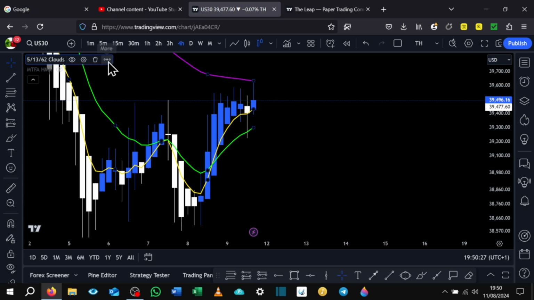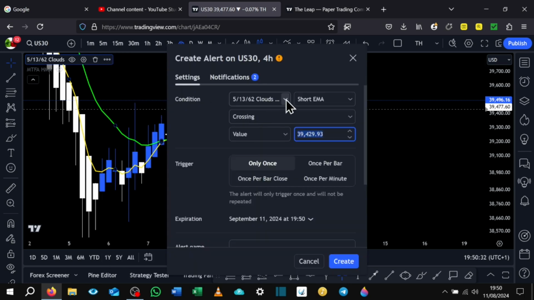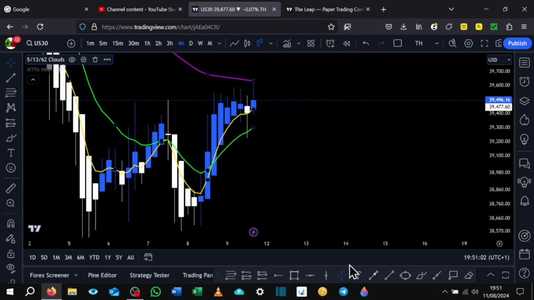If we just click the more button here, we go add alert, then we want to have, I would say, US 30 crossing, and then we want to cross the medium EMA, which is the 13 EMA, and we want to set that up as once per bar. And I'm not going to go through all of these again because I've already gone through that, so you'll have to watch the series, but this will be the first alert.